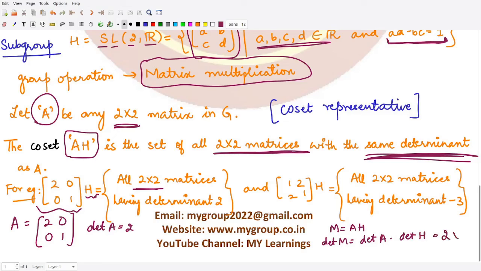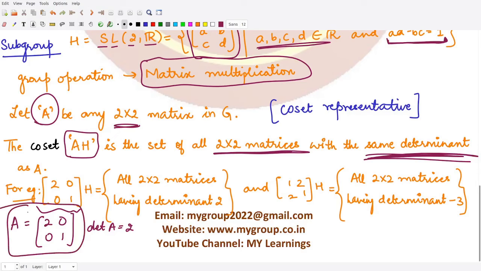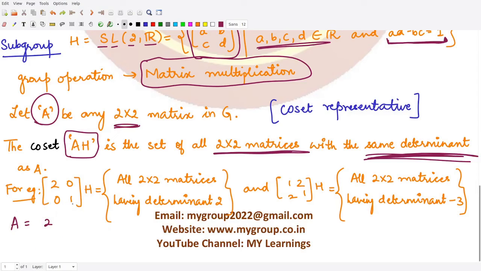The determinant of A is 2, the determinant of h is 1, so the determinant of M, the product, is 2. So this coset, which is generated by taking A as this particular matrix, has a determinant equal to 2 for each of the elements present within it.